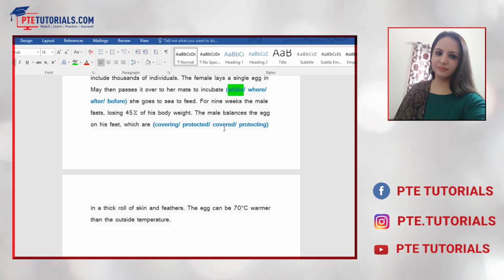Now start reading the line again and getting the meaning of the line. The male balances the egg on his feet, which are dashed in a thick roll of skin and feather, which are, "protected" is not the right word.